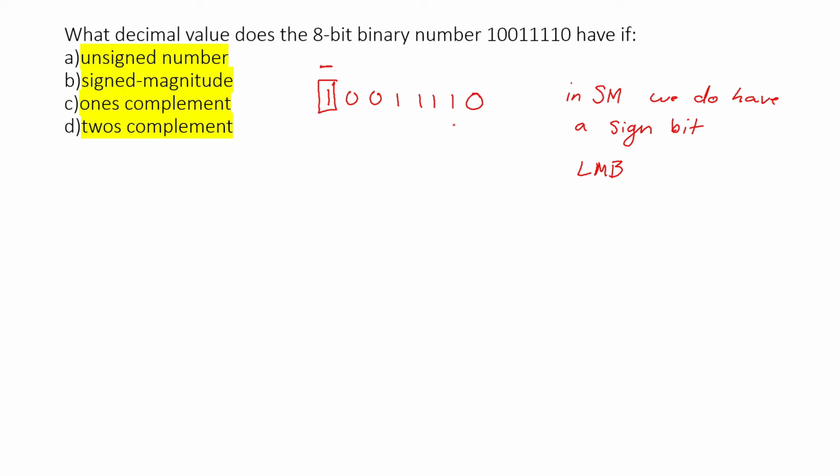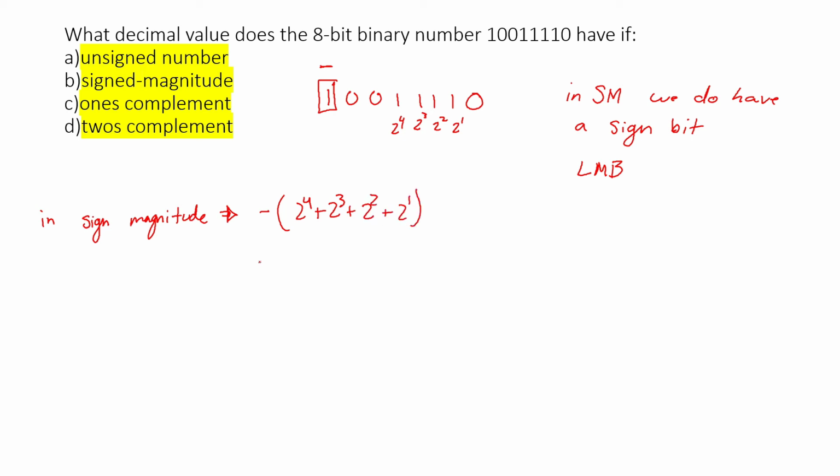So the places that do add value is the 2 to the 1 place, 2 to the 2, 2 to the 3, and 2 to the 4. So in sign magnitude, what we're looking at is negative 2 to the 4 plus 2 to the 3 plus 2 to the 2 plus 2 to the 1.